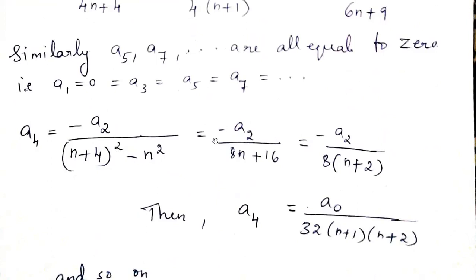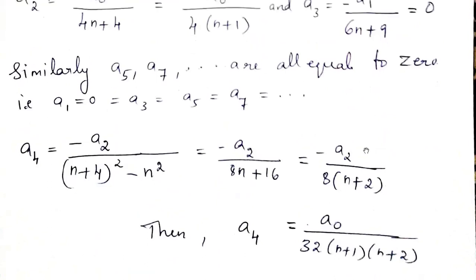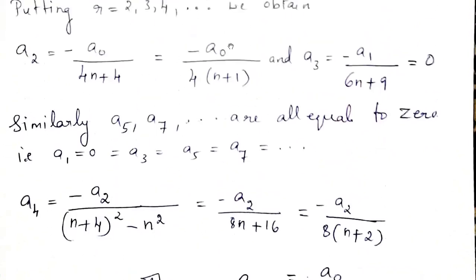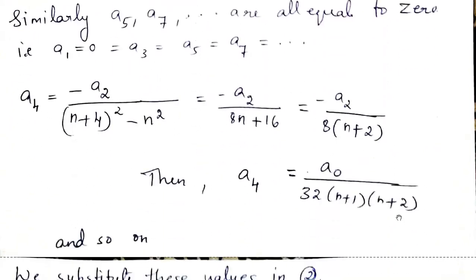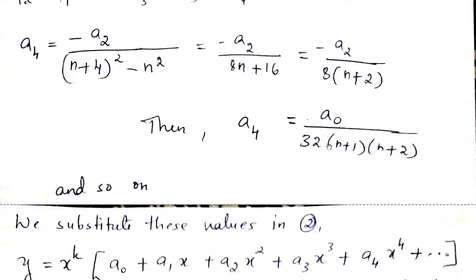And in the numerator, I get minus a2. But we already know the value of a2 is in terms of minus a naught. So by substituting the value of a2 here, I get the value of a4. a4 will be equal to a naught divided by 32 into (n plus 1) into (n plus 2).